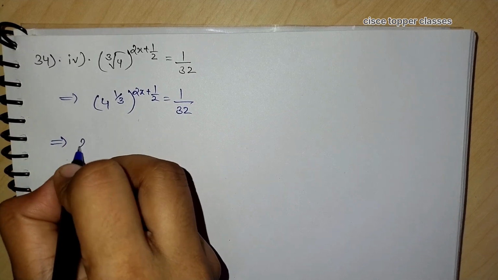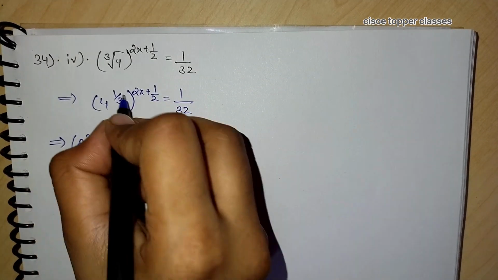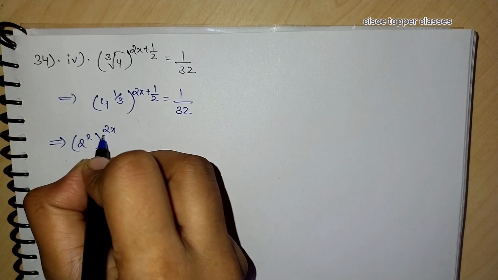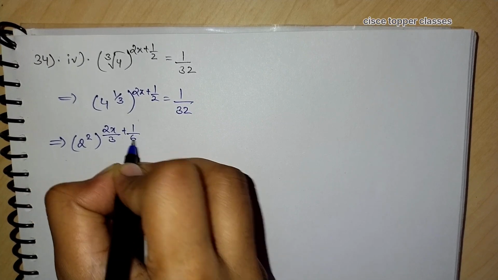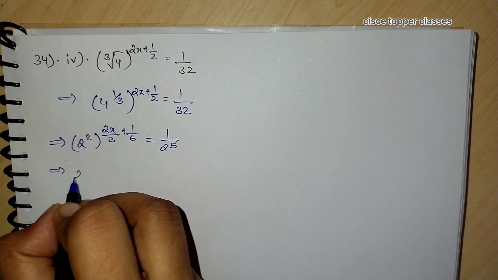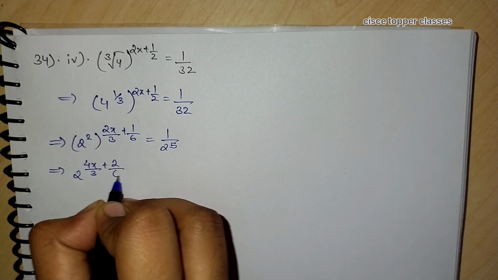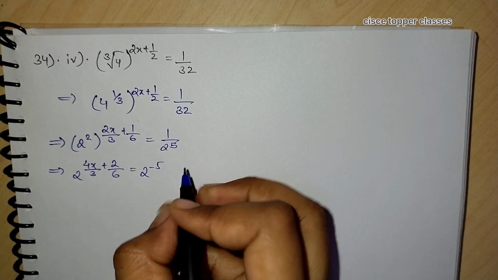Now we can write 4 as 2^2, and we will open the bracket first, so it will be 2x by 3 plus 1 by 6 equal to 1 by 2^5, and here it will be 2^(4x/3 + 2/6) equal to 2^-5.